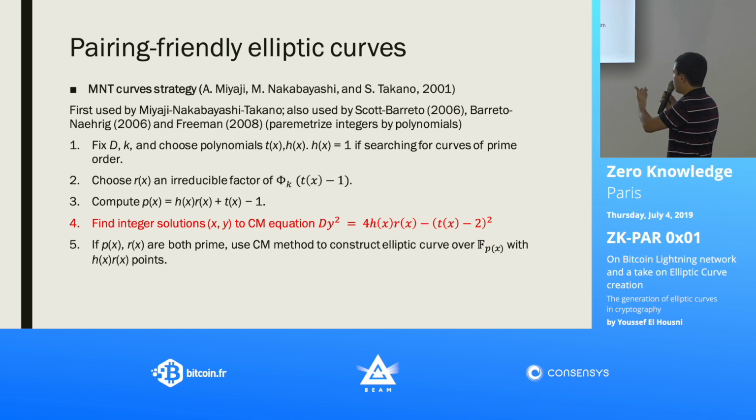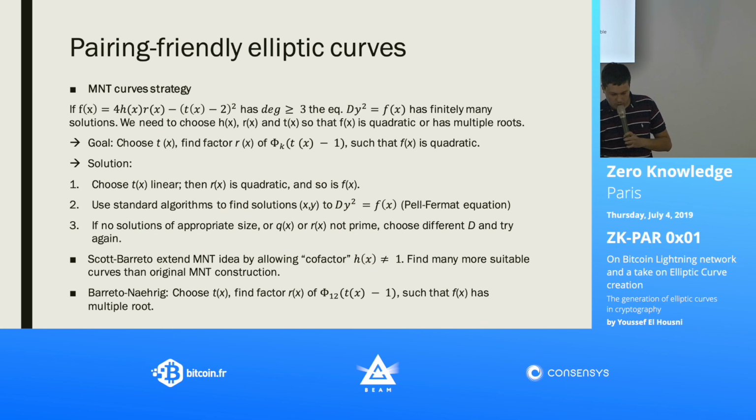If you solve this equation with respect to x and y, you will have your constructions with polynomials, and then you just iterate x until you find p that is prime and r that is prime, for example. This same idea was used by Barreto-Naehrig and BLS, but they allowed a cofactor, that is, an equation with a composite order.